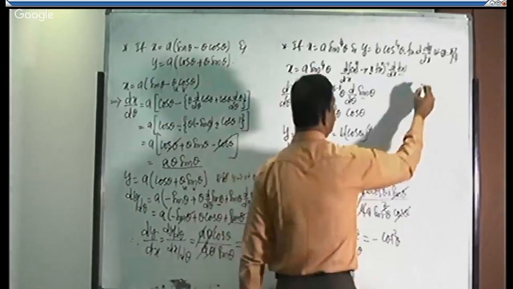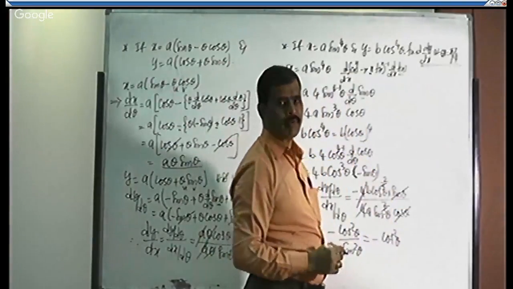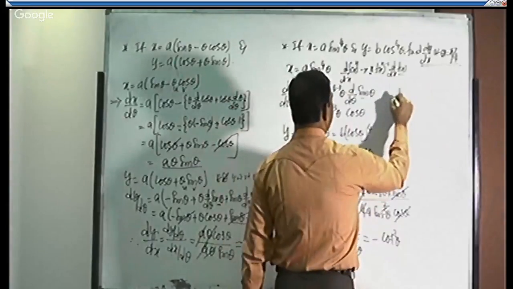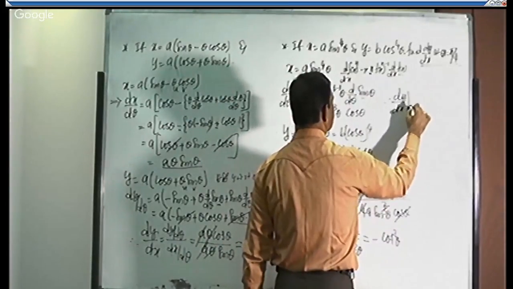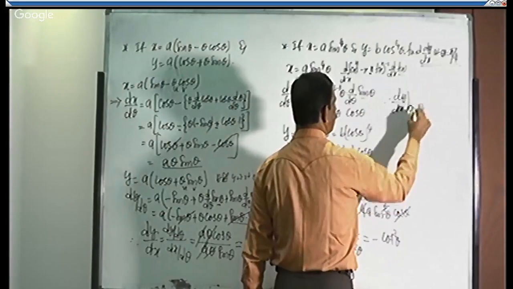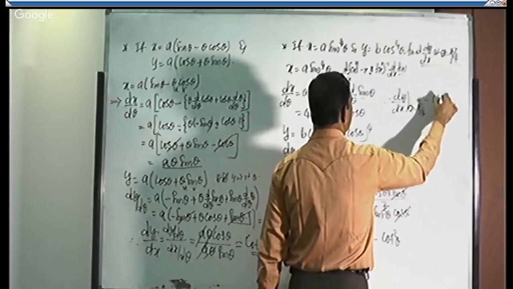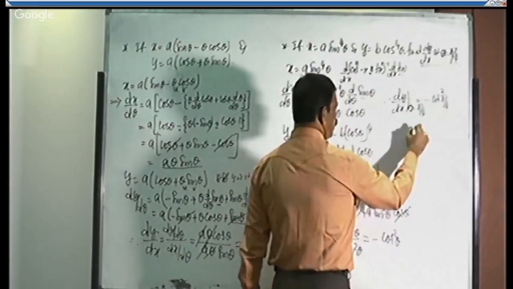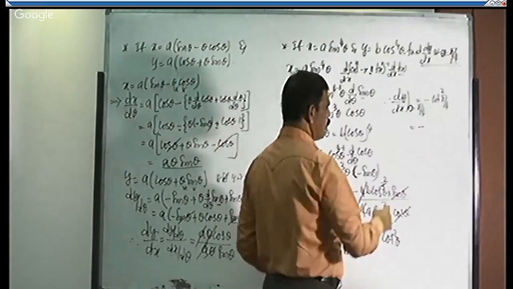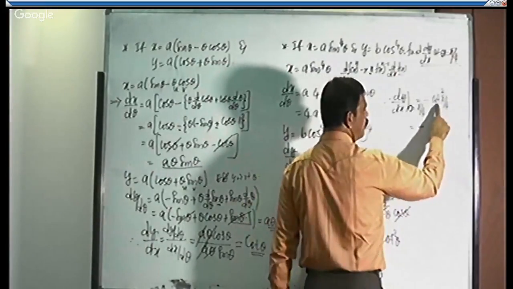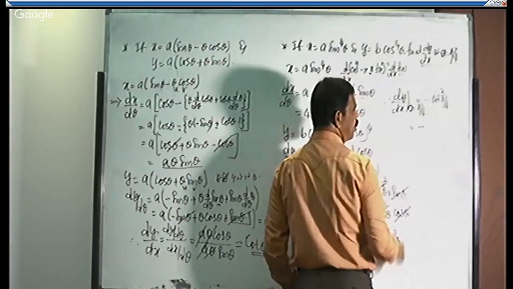But our aim is to what? Getting dy by dx at theta is equal to pi by 4. Therefore, dy by dx at theta equal to pi by 4 is equal to minus cot pi by 4 whole square. Don't get confused here. Keep the minus as it is. The power is only for cot, not for the minus. So minus is separate, cot is separate, right?